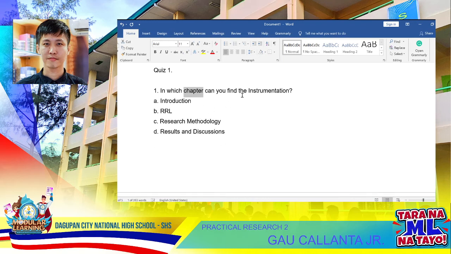So where is the instrumentation? Is it in the introduction, RRL, research methodology, results and discussions? Yes, that is correct. That is under research methodology. You can find instrumentation in chapter 3, research methodology. Results and discussion is chapter 4.